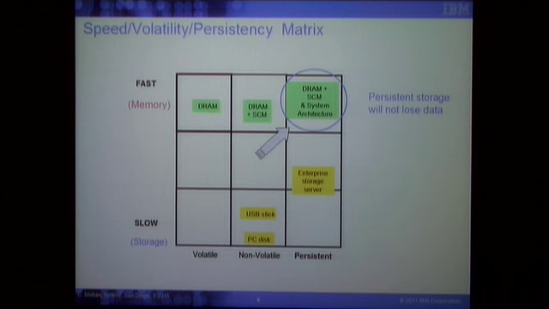So this is the difference again between flash being used in consumer-grade environments and being used in an enterprise kind of environment, which requires that you do all this wear leveling and things like that. And the same sort of thing would have to be worried about in the context of PCM also.